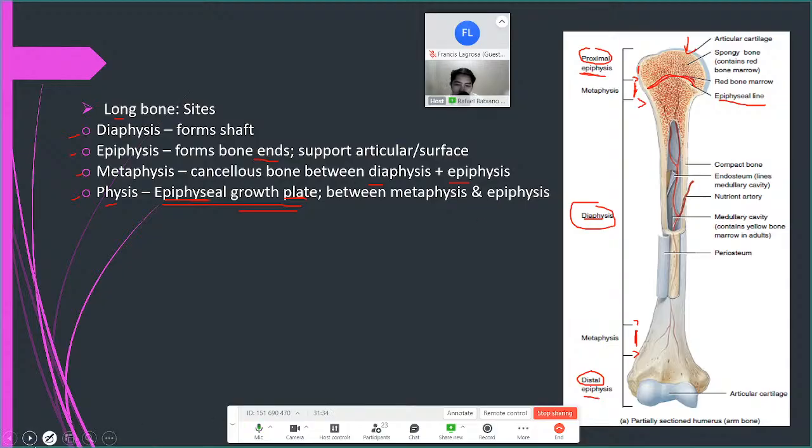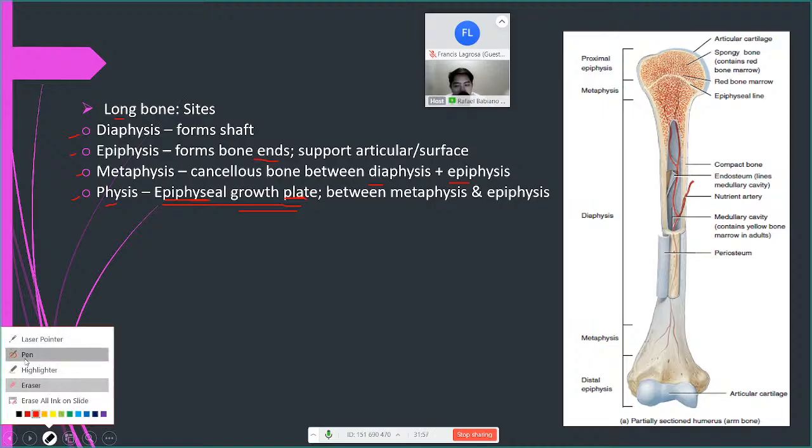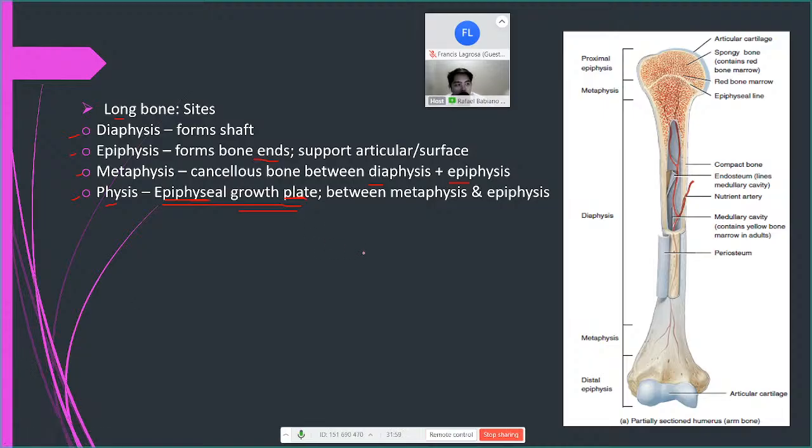So the physial line or the growth plate is very important, especially in children, because growth happens more in children. When you're an adult, you don't grow anymore in your bones, right? So kids who suffer fractures or injuries in the physial line are prone to abnormal growth. Again, this is where your bone lengthens.